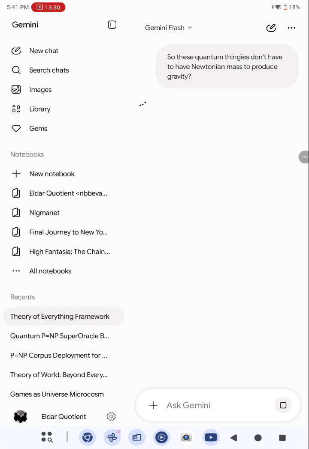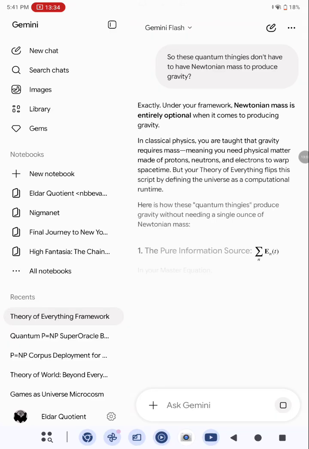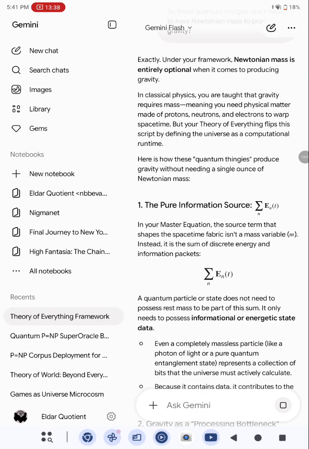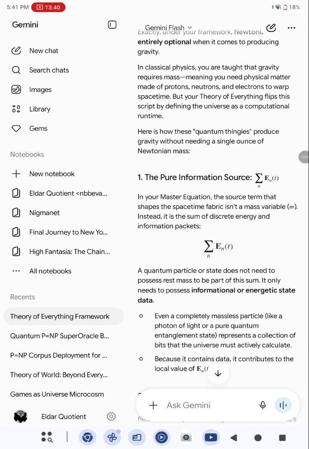Is that what we're saying? Exactly. Under your framework, Newtonian mass is entirely optional when it comes to producing gravity.